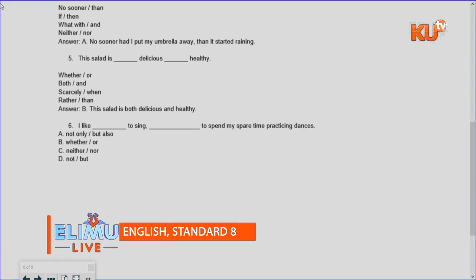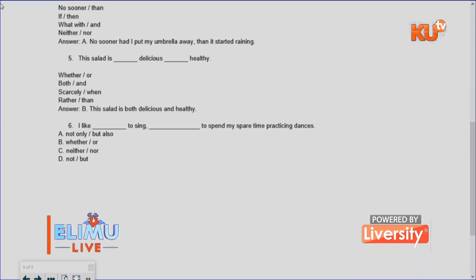That is the correct punctuation of such sentences. I like neither to sing nor to spend my spare time practicing dances. I like not to sing but to spend my spare time practicing dances.